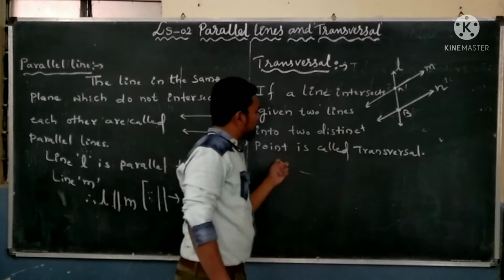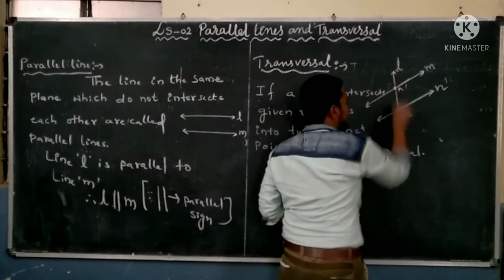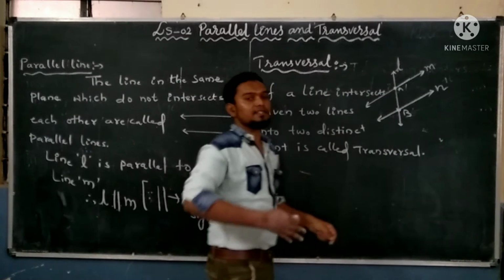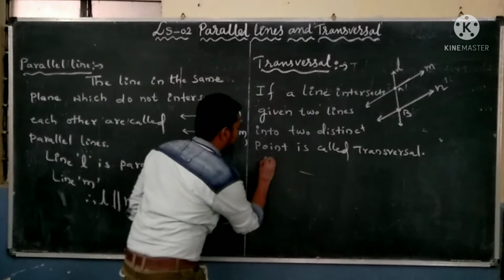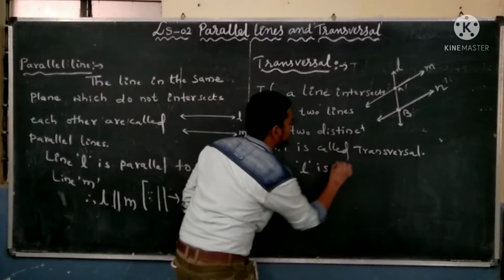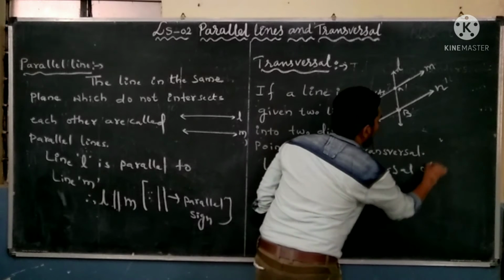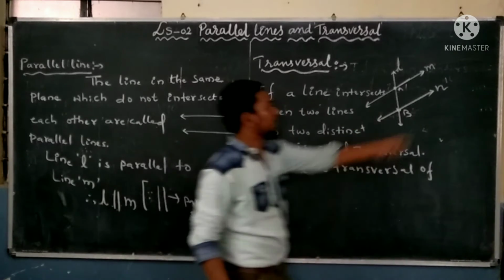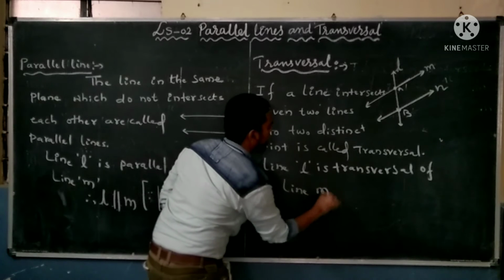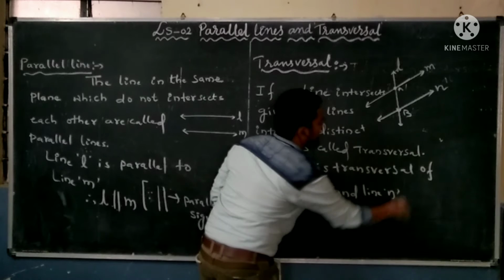Into two distinct points is called what? Transversal. This whole line is considered as line L. That is considered as the transversal line. Line L is the transversal of line M and line N.